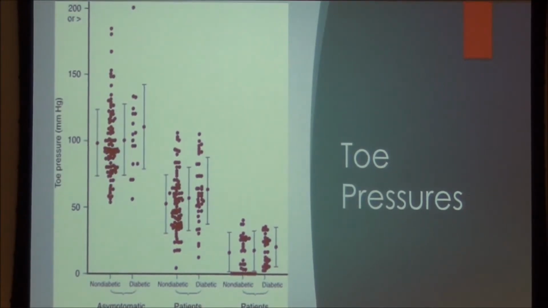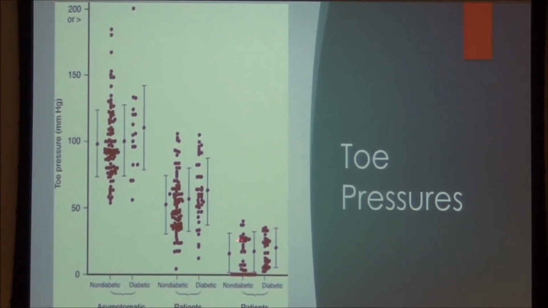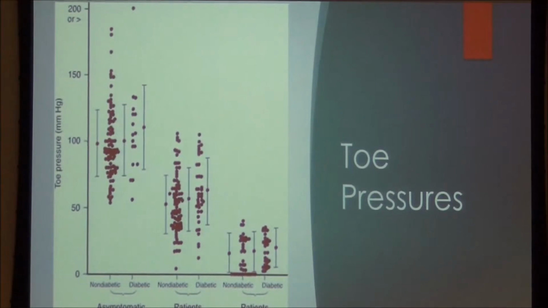And then patients with claudication, usually the toe pressure is around 50 or less, and patients with rest pain, their toe pressure is around 30 or less than that. Usually toe pressures are less in diabetic patients, but toe pressures are very good.